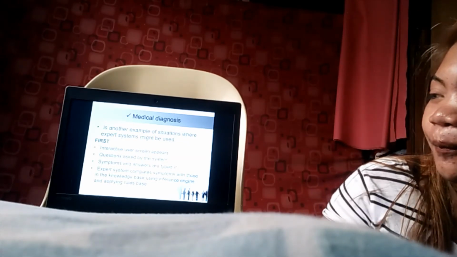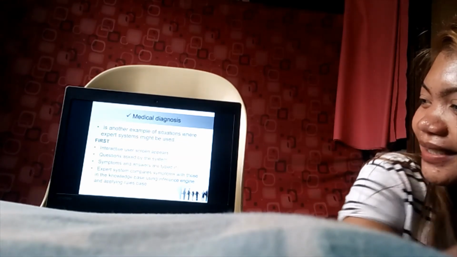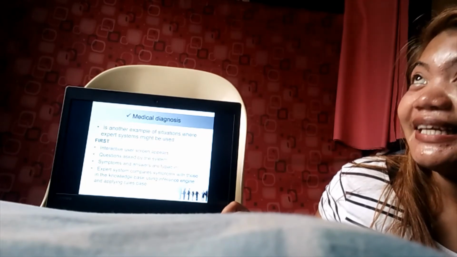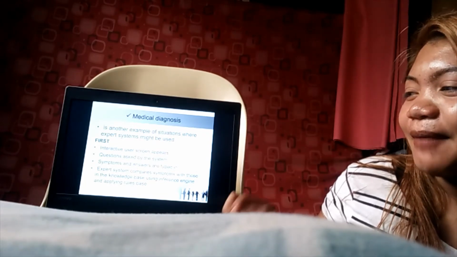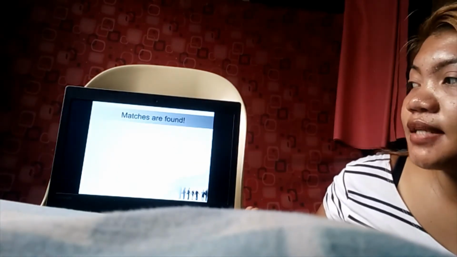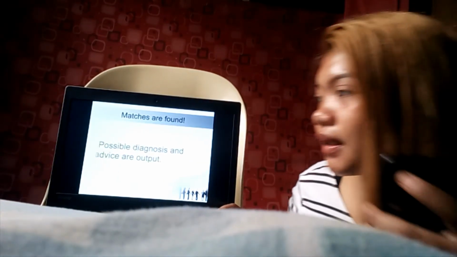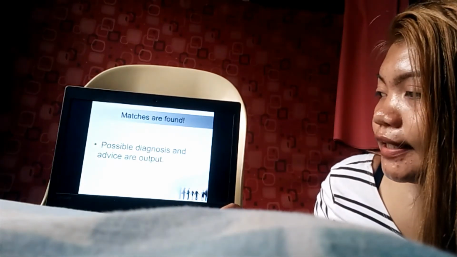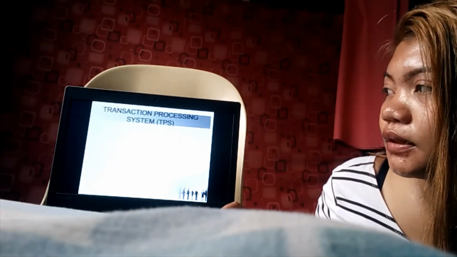The expert system compares symptoms with those in the knowledge base using the inference engine and applying rules. Matches are found. Possible diagnosis and advice are output.